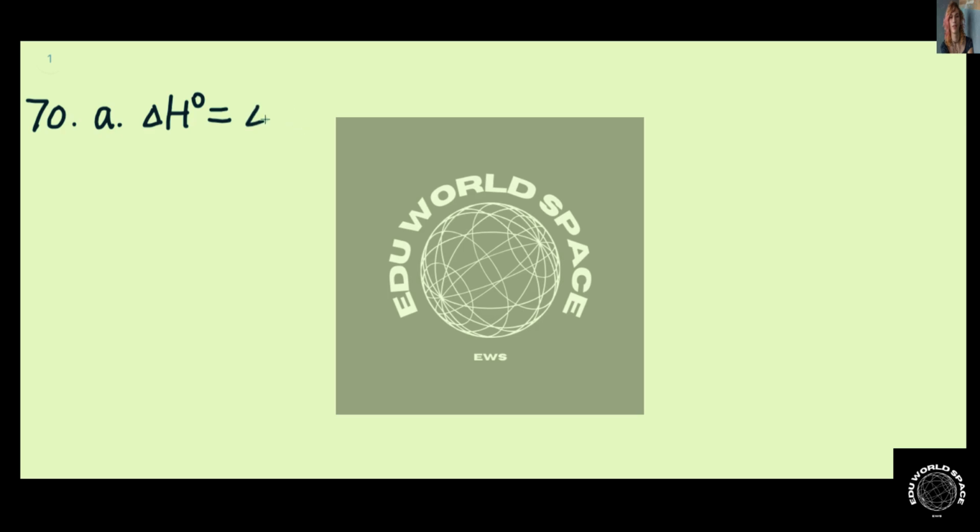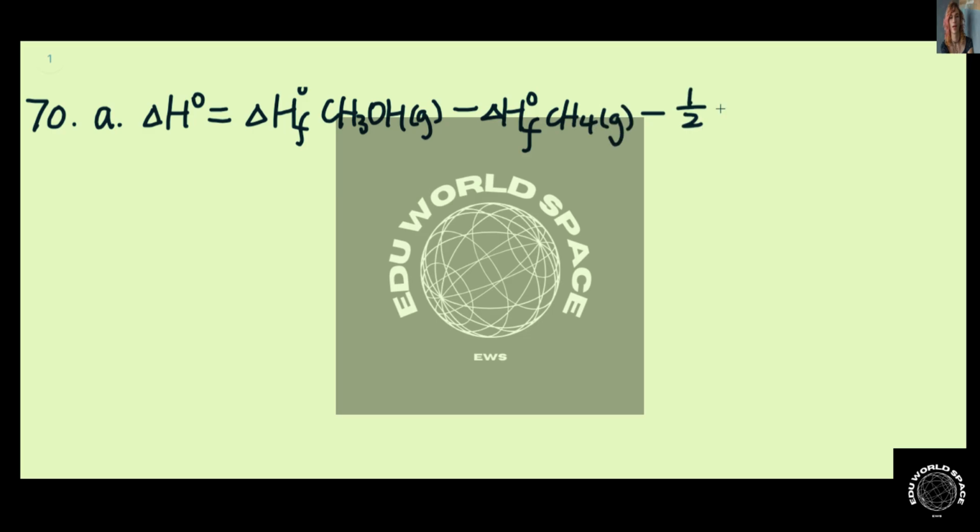So that is equal to the delta H of formation for CH3OH gas minus the delta H formation of the reactants, which are CH4 gas, and 1/2 of the delta H0 of formation of the oxygen gas.